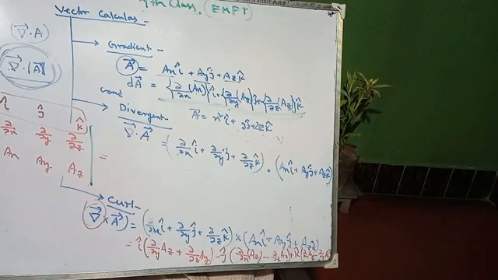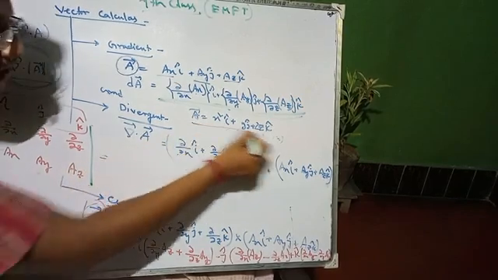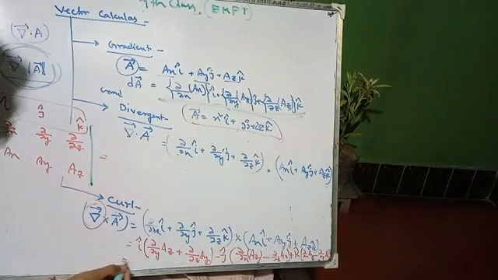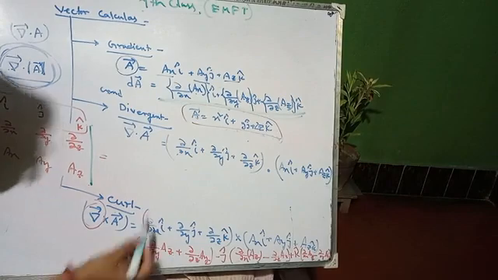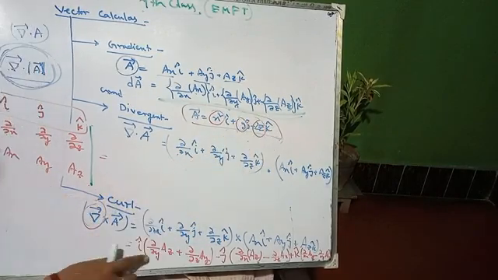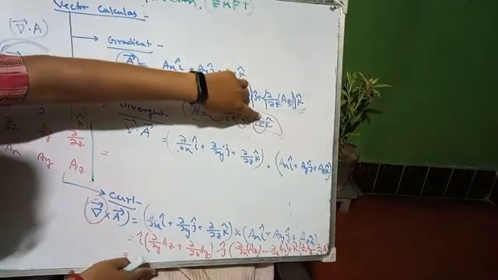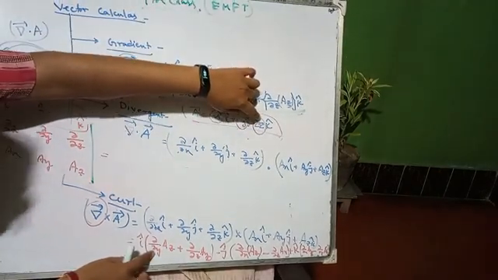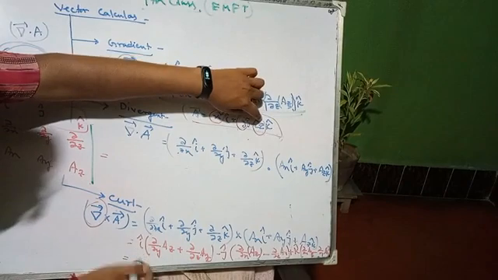Now if we consider the same example, this is ax, this is ay, and this is az. So del del y of az: there is no y part, it is a partial derivative, so it will be 0. Similarly for ay, del del z of ay contains no z part, so it will be 0.